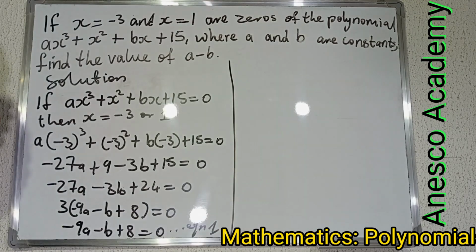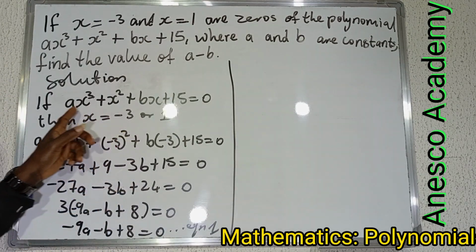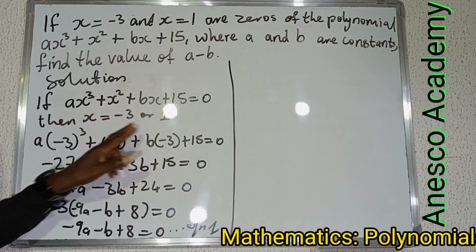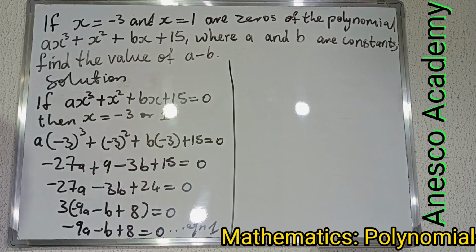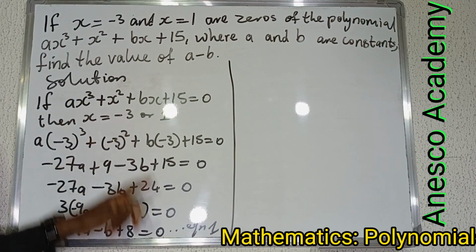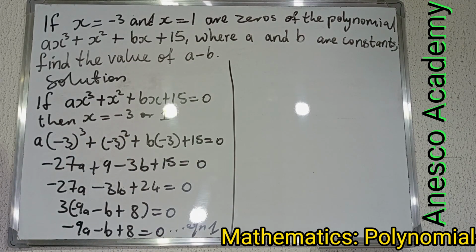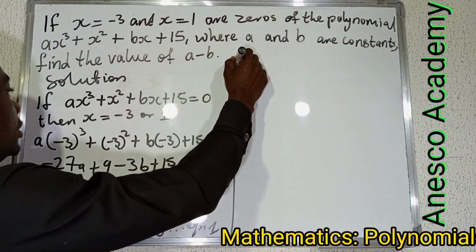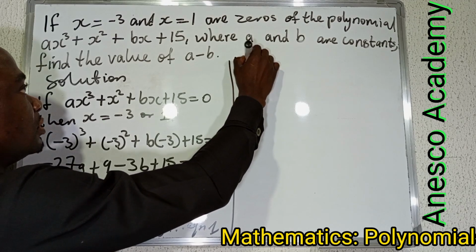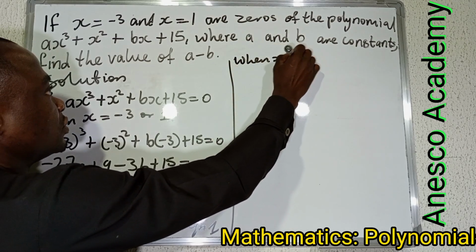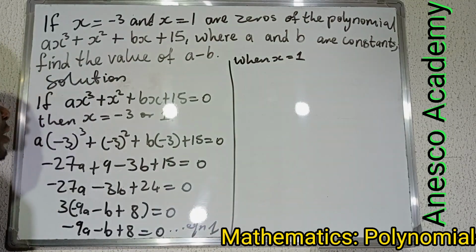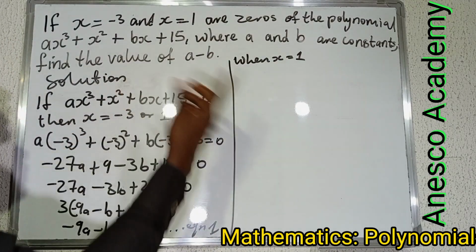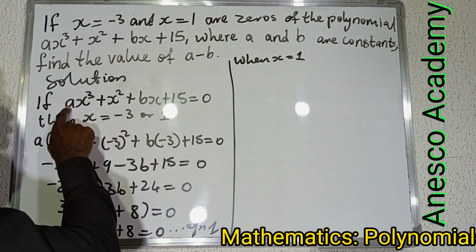Now in equation 2, we take the value of x to be 1, because x has 2 values. The first one has resulted in equation 1. Now, when x equals to 1, 1 raised to the power of anything is still 1.